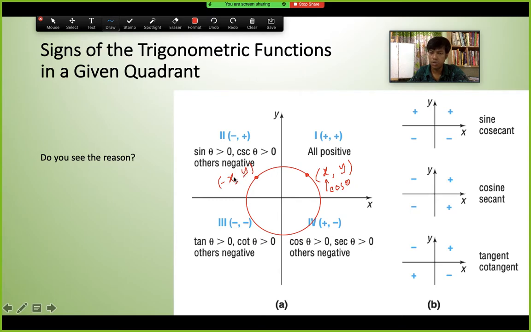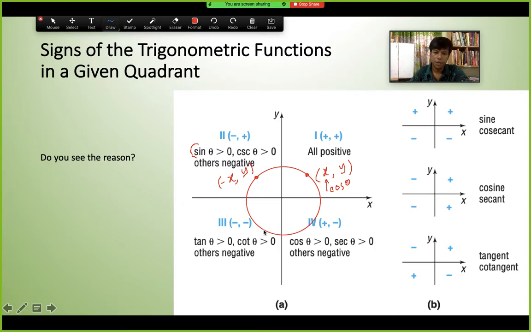If between sin and cos any one of them is negative, then tan will also be negative. That's why in this box only sine is positive, others are negative, because tan equals sine divided by cos. So if sine is positive and cos is negative, the whole thing becomes negative.